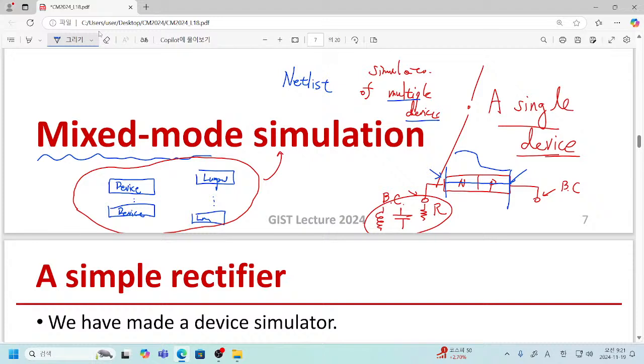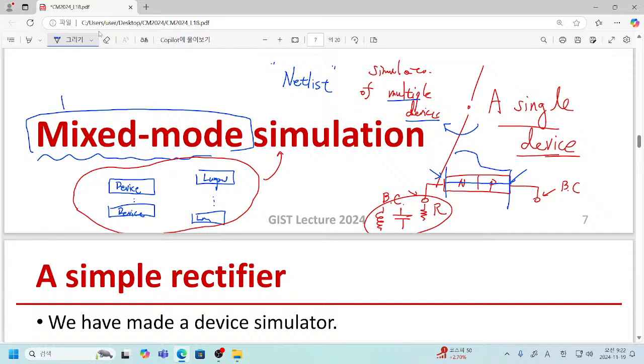This kind of information is required for the simulation of multiple devices. So our previous researchers said that, in contrast to single device simulation, in order to simulate multiple devices, we need certain additional capability.